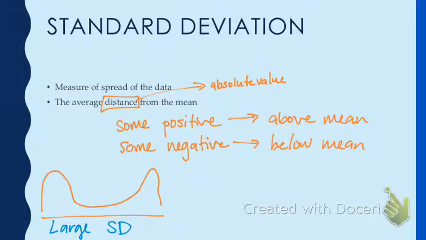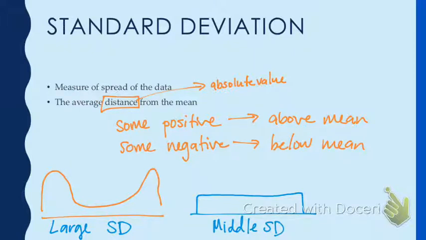It would be the largest. If you had one that was just basically straight across all the way, that would be the middle standard deviation. And then if you had one where it made a bell shape, that would be the smallest standard deviation.